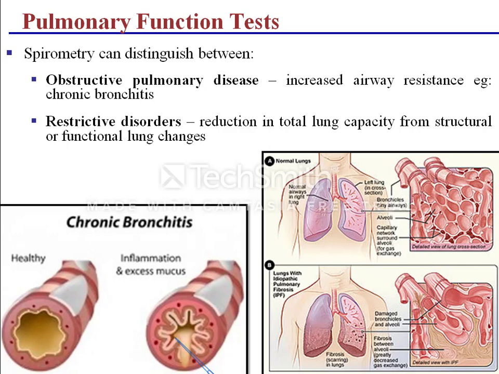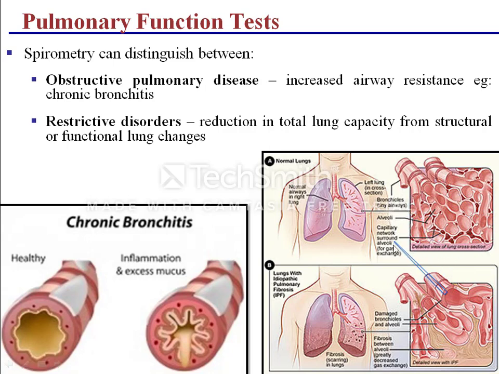Restrictive disorders, like reduction in total lung capacity from structural and functional lung changes, are called restrictive disorders, like idiopathic pulmonary fibrosis, an example of a restrictive disorder. What is happening to the structure of the lung?